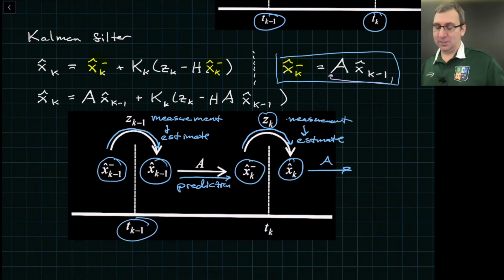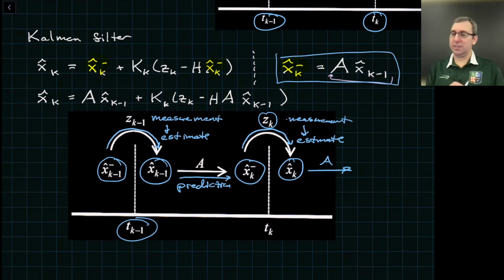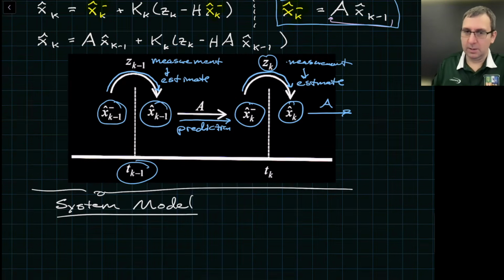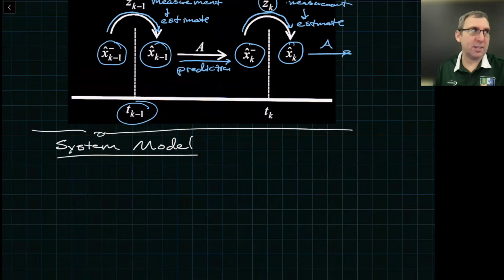So the things that are left unknown, that aren't specified by the algorithm, are these variables that we'll call the system model. And this is just the problem expressed in mathematics.